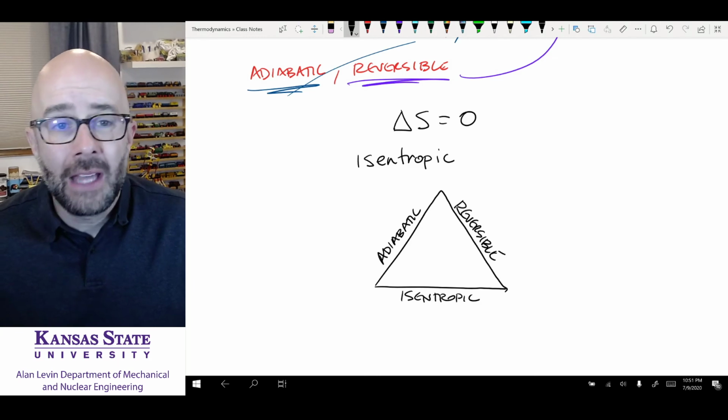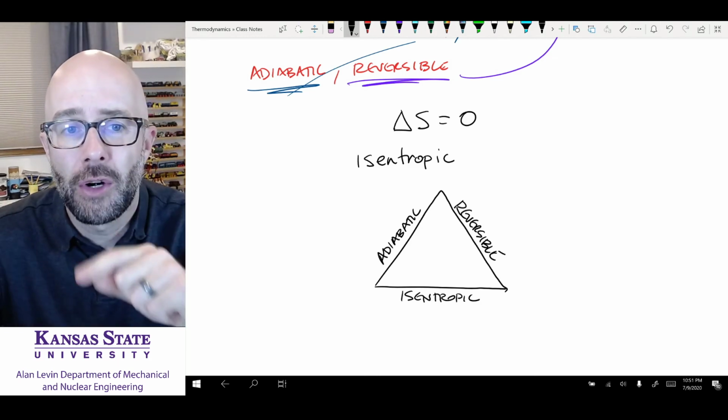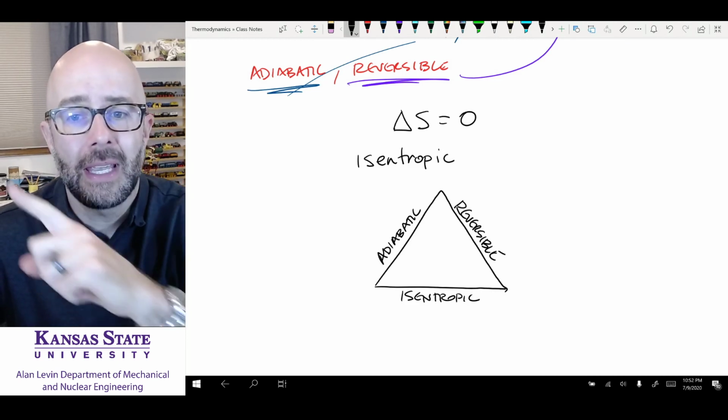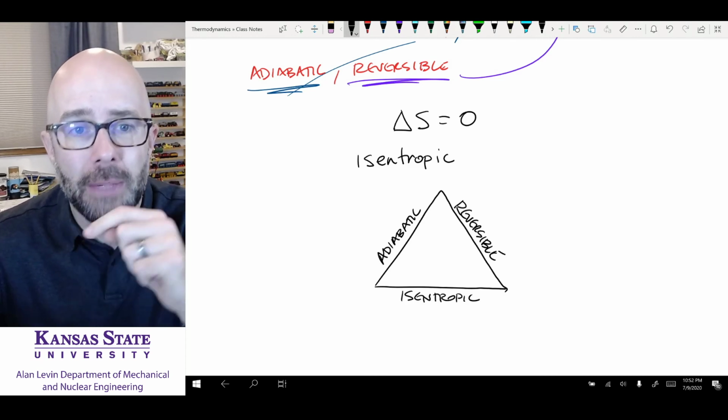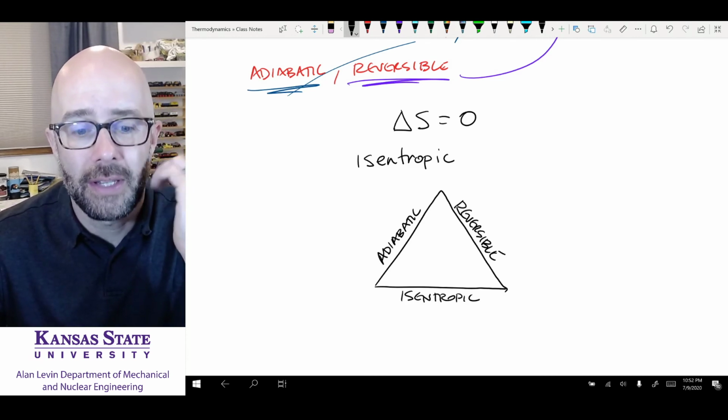The great thing about this triangle is any two sides of this triangle infer the third side. So an adiabatic isentropic process is reversible. A reversible isentropic process is adiabatic. We can infer the third side.